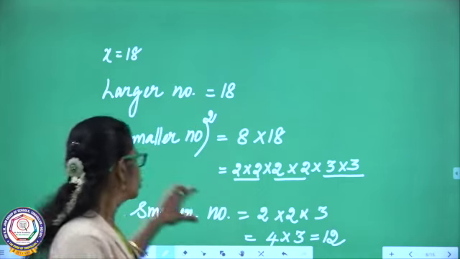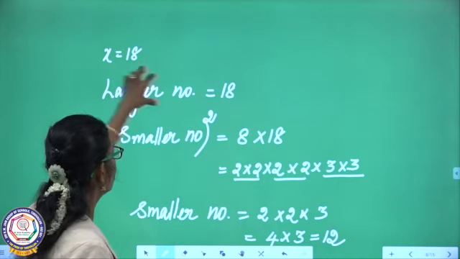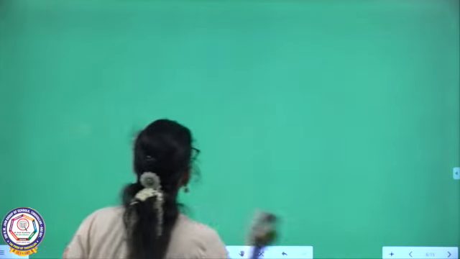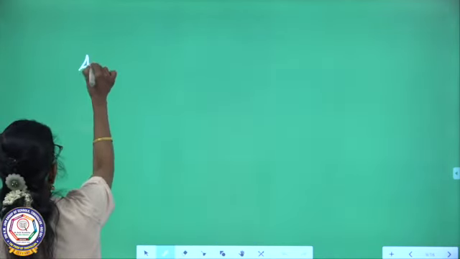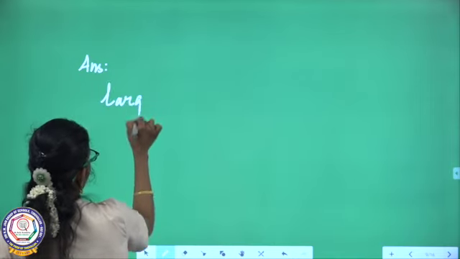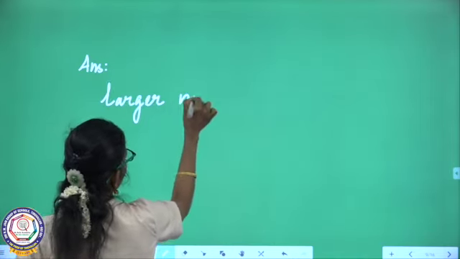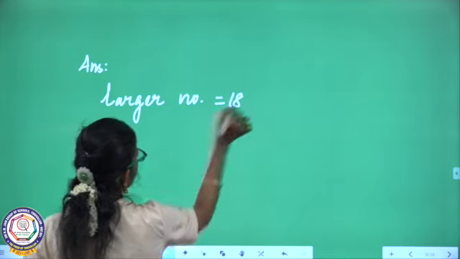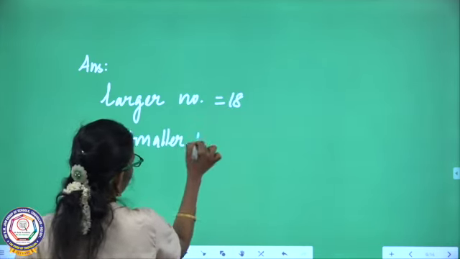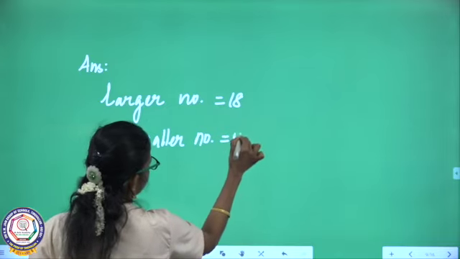So what is the final answer? Larger number equal to 18. Smaller number equal to 12.